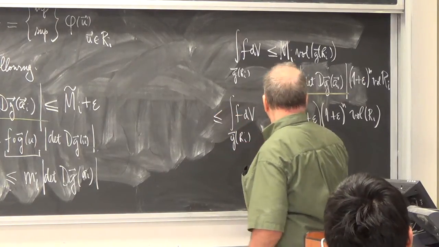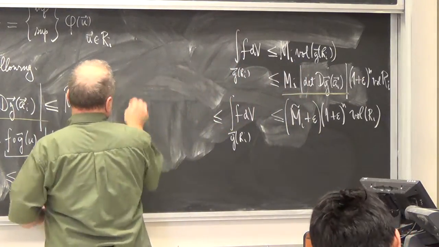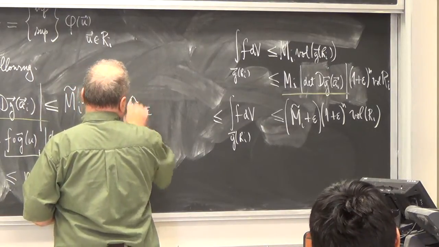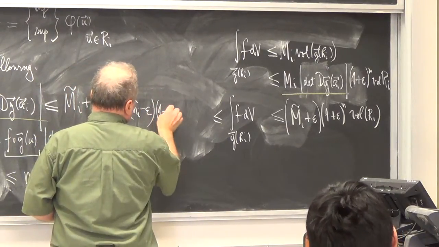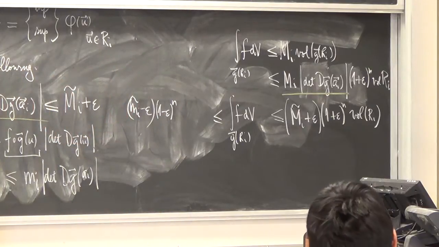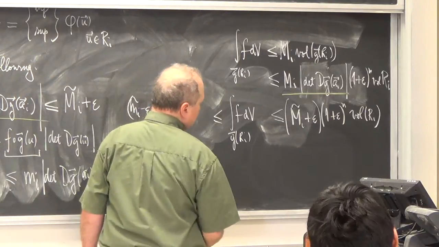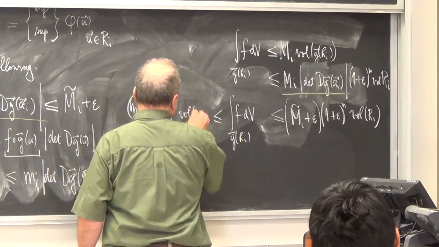So you'd have less than or greater than or equal to Mi twiddle minus epsilon, 1 minus epsilon to the n, by the volume of Ri.